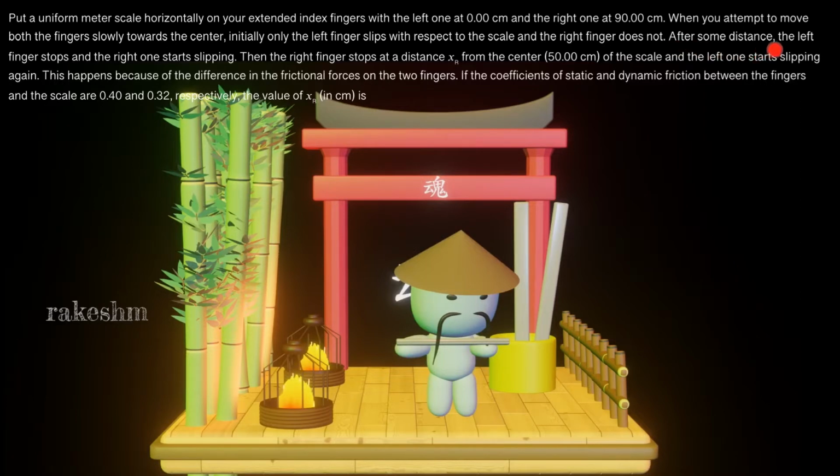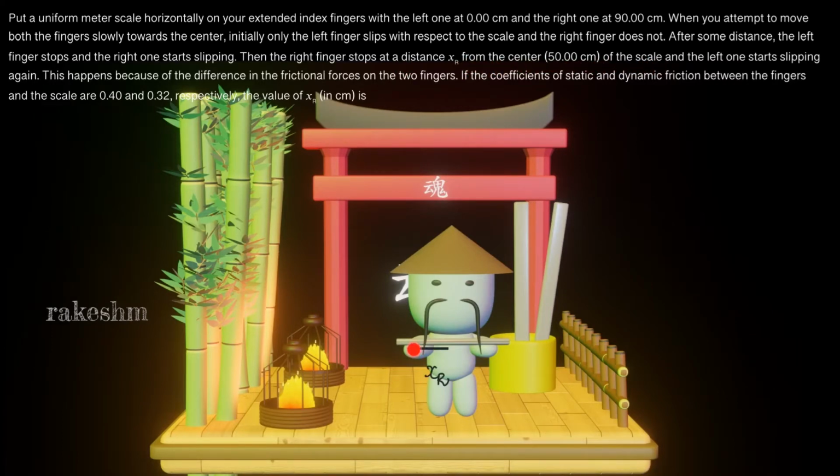After some distance, the left finger stops and the right one starts slipping. Then the right finger stops at a distance XR from the center of the scale.